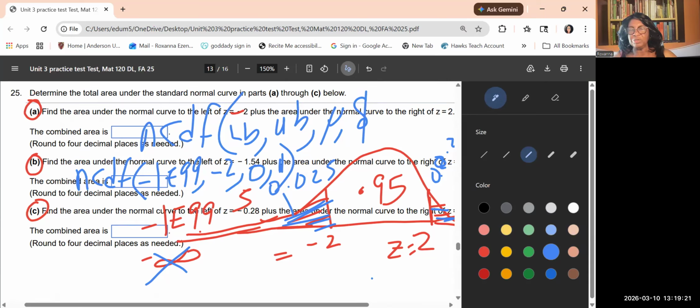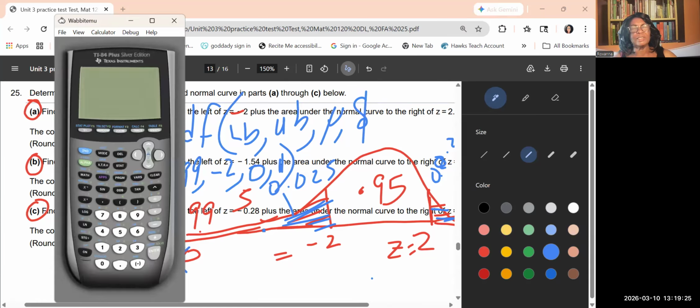I want to calculate. So I'm going to feed the argument in my calculator. Where do I go again? I'll go to distribution, second distribution, and number 2, because I'm looking for normal CDF, normal cumulative density function. The lower bound is -1 to the power 99. I'm going to clear that so I can type it again. Negative.